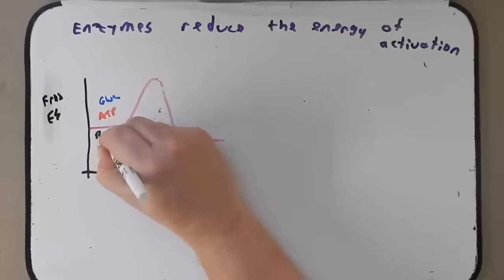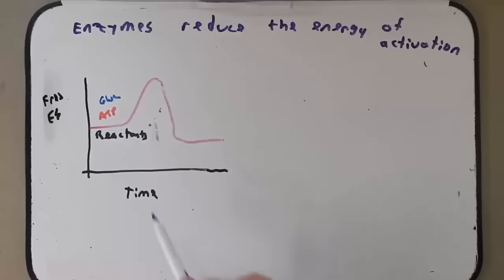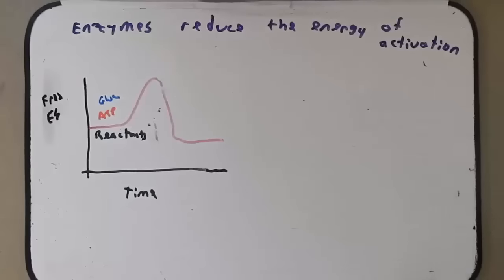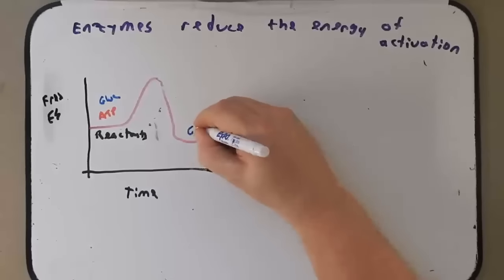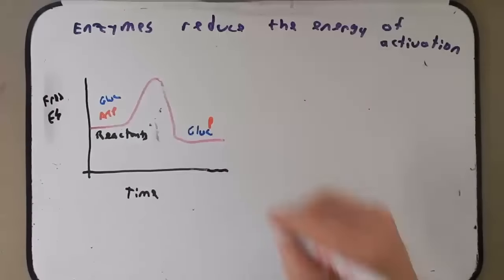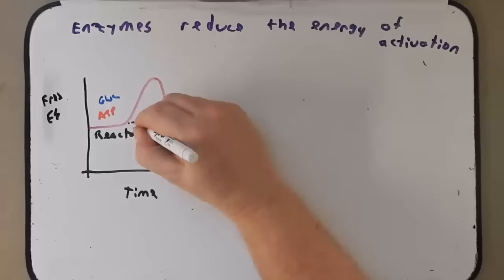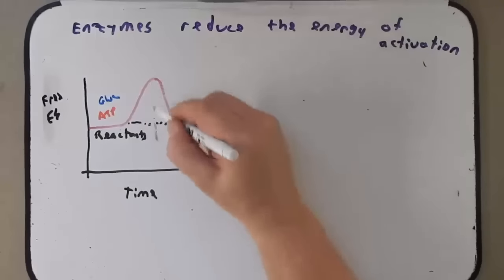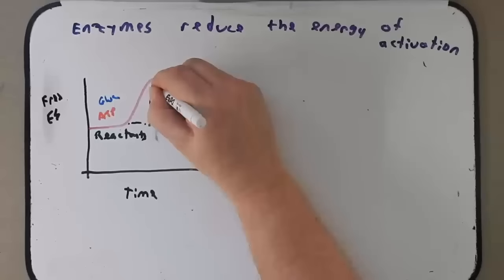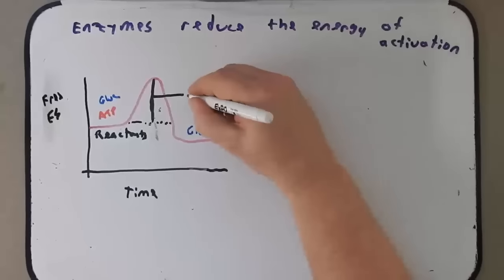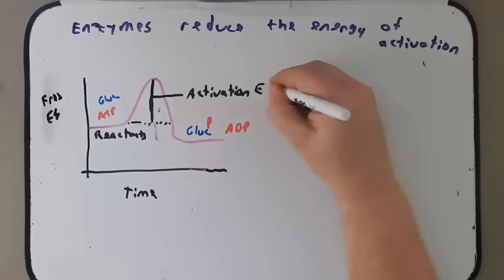These are the reactants. In order for them to be converted into glucose with a phosphate on it plus ADP, it has to use this much kinetic energy. And we call this energy here the activation energy.